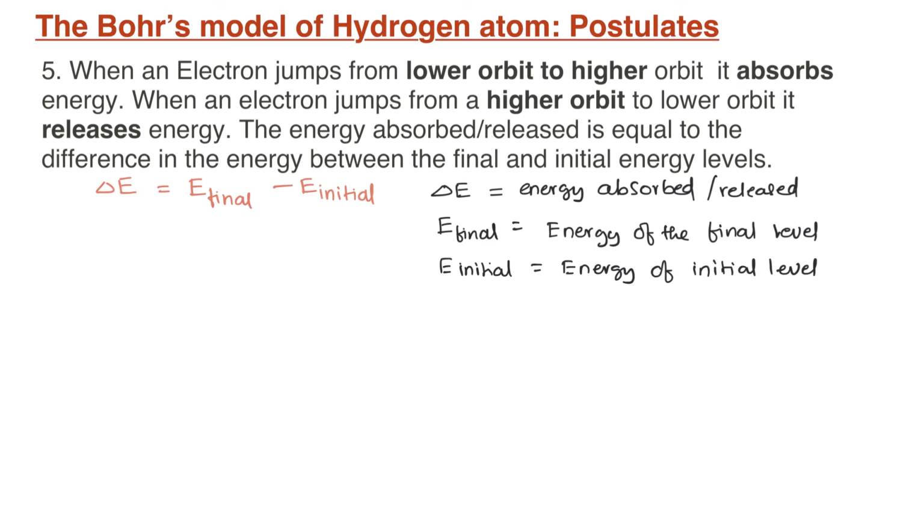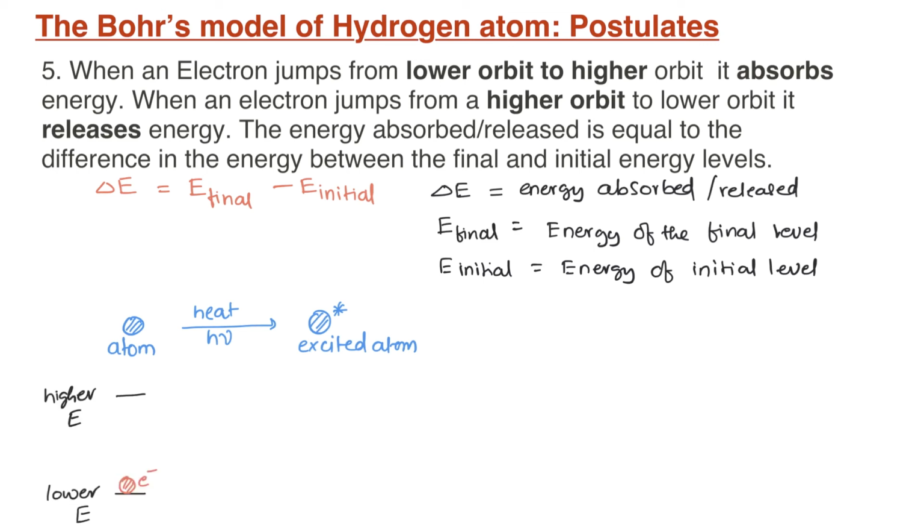This postulate explains what happens inside an atom when an emission or absorption spectrum is recorded. When we shine light on an atom, we said that an atom absorbs energy and gets excited. As a result of this absorbed energy, an electron inside the atom jumps from a lower energy level to a higher energy level.